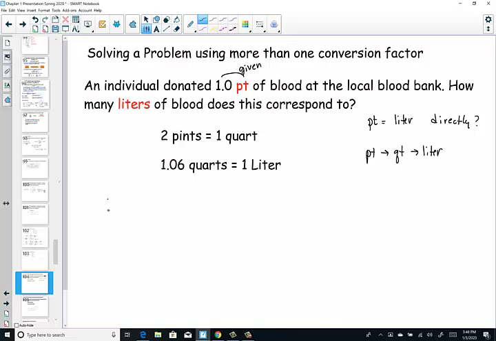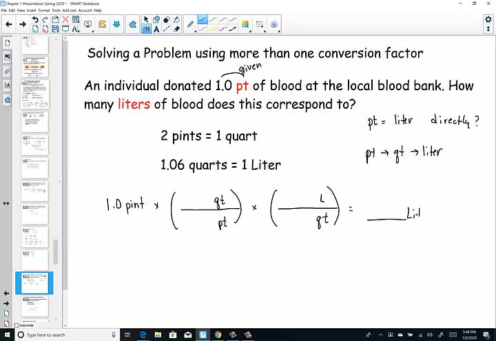I can begin by writing my number and unit of what was given. And what I'll do is set up a first conversion factor that's going to cancel the unit pint and bring me to the unit quart. And I want to do that so I can then cancel the quart and bring me to the liter that I was asked for. Knowing that this is the unit we want, the liter, and this is the unit we were given, I just don't see a direct connection between pints and liters in my standard table.